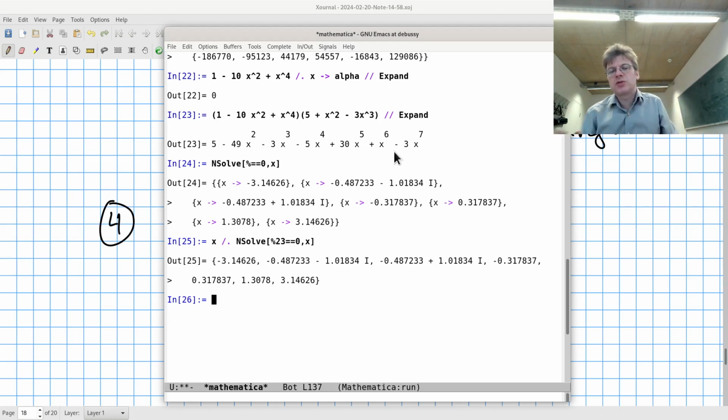In this case, I would need some estimates on how far I would have to go with the accuracy in order to ensure that if I stop here, then there's nothing lost because there's nothing to be found. And these estimates are a little bit cumbersome to do if you do this with numerical approximations.